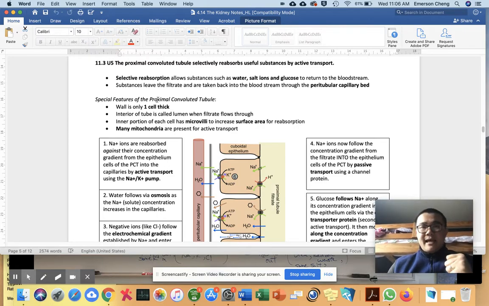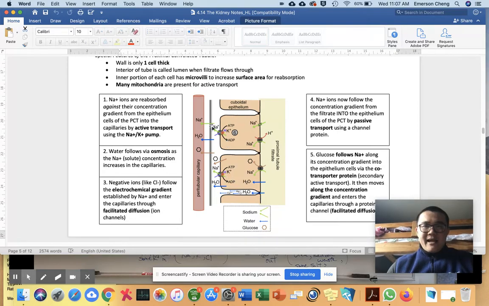You'll see this again in the small intestine section. The wall is only one cell thick, so the substance doesn't have to go through a long journey, and the distance is shorter. The interior of the tube is called the lumen, where the filtrate goes through.